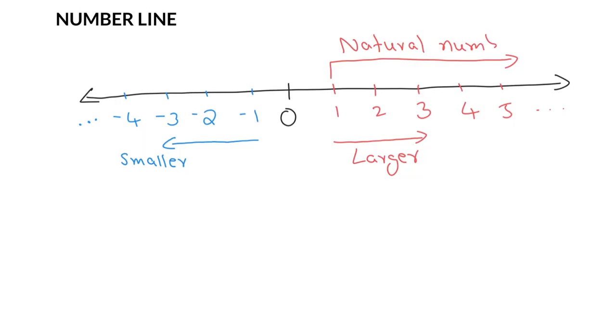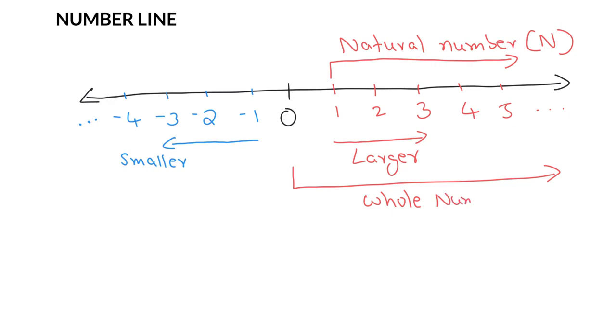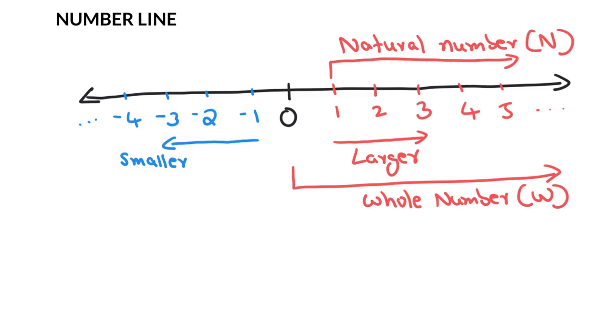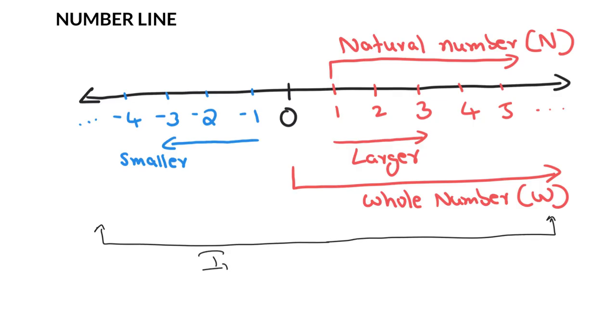Natural numbers are represented with the letter N. All the numbers starting from 0 and upwards are called whole numbers, represented with the letter W. All the numbers that are negatives, 0, and the positives together are called integers, represented with the letter Z.